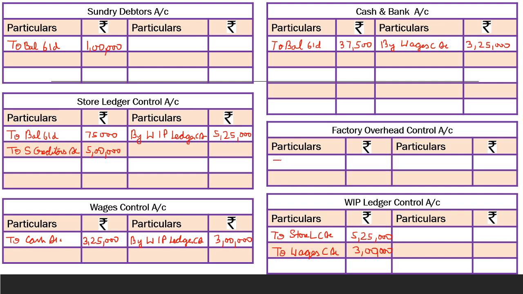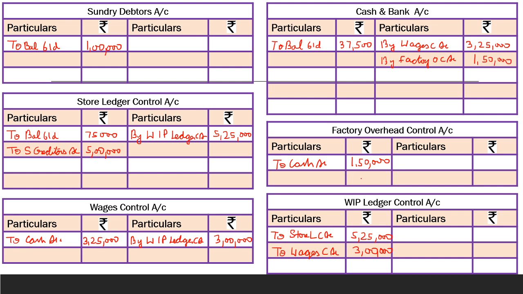So on the debit side we write to cash account and we pay factory overhead amounting to 1,50,000, and in cash account we write by factory overhead control account 1,50,000.